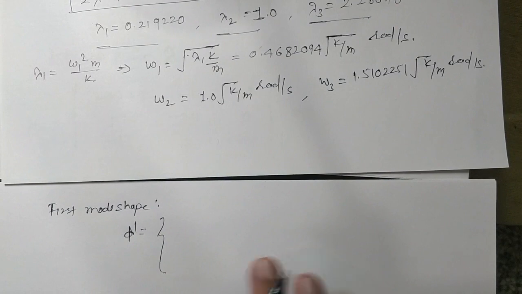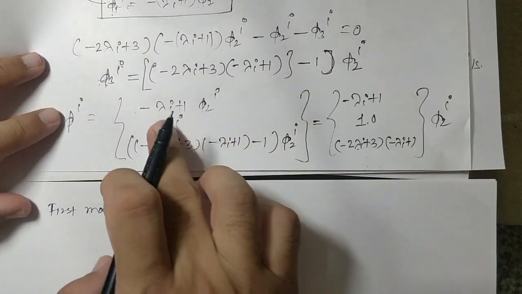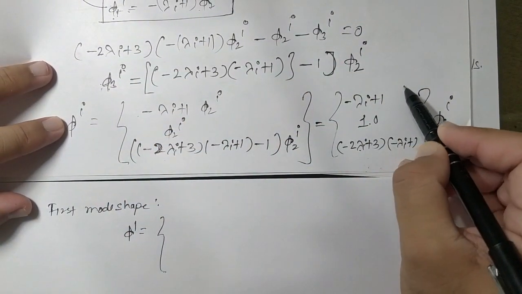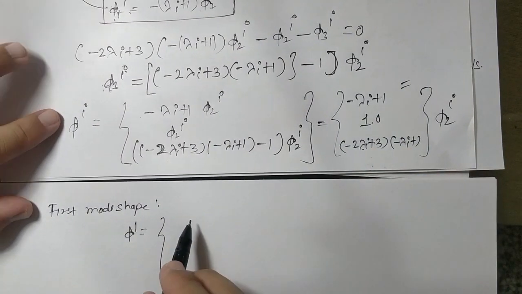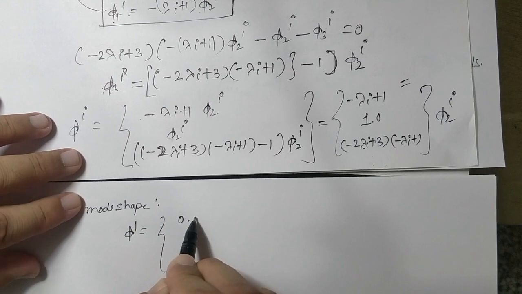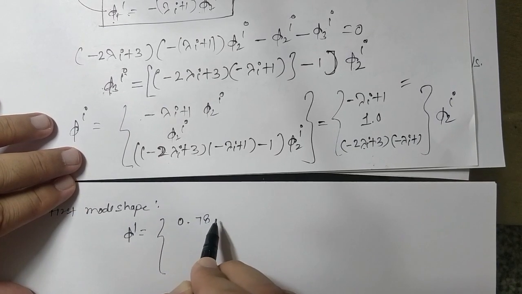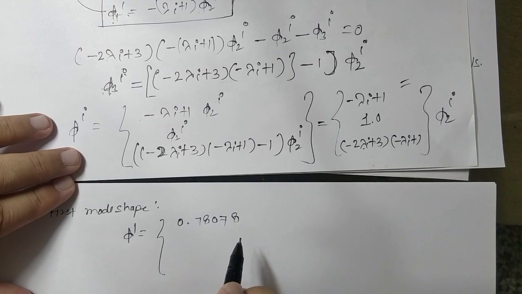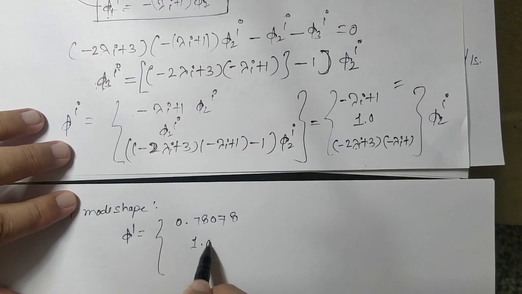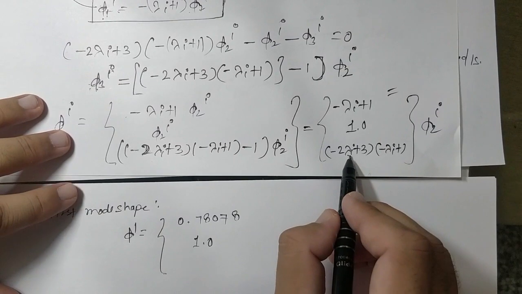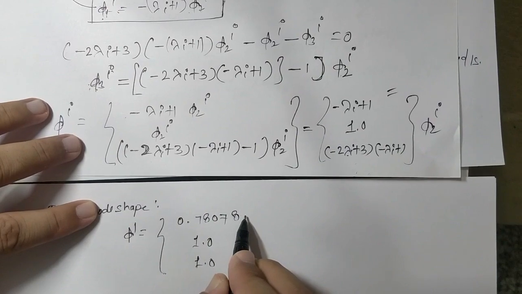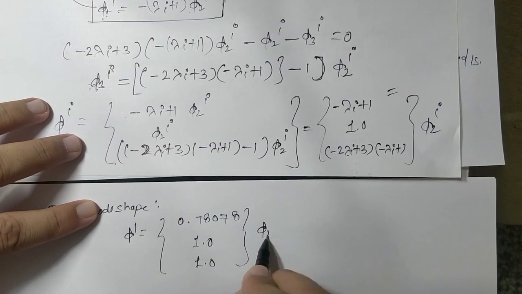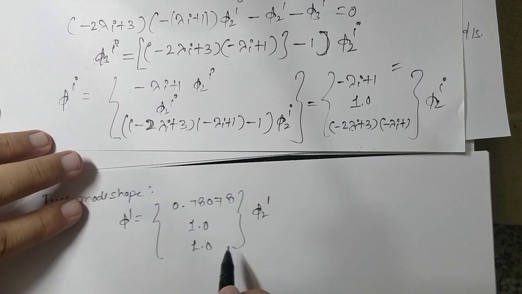If we put this value into this mode shape, this is our generalized mode shape, then we will get 0.78078, and this is 1. And if we put the value of lambda 1 here and solve with the help of a calculator, we'll have 1 multiplied by phi 2 1. This is our first mode shape.